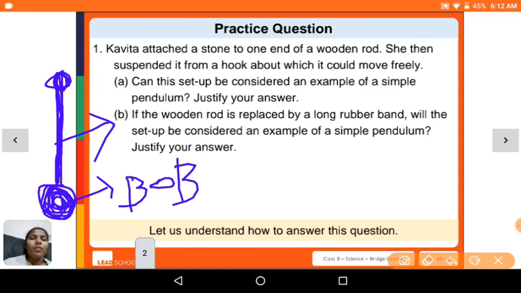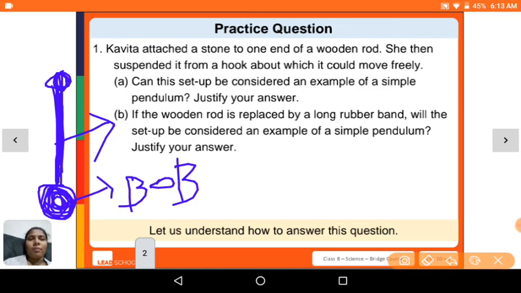Now the second question: if the wooden rod is replaced by a long rubber band, is it still considered a simple pendulum? Obviously not. When I was explaining this topic, I said that if we consider a thread as a rubber band, then it will just stretch. We need a non-extensible thread, which is a non-stretch thread.